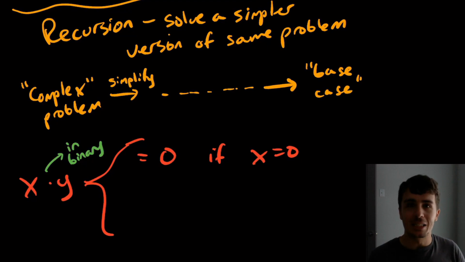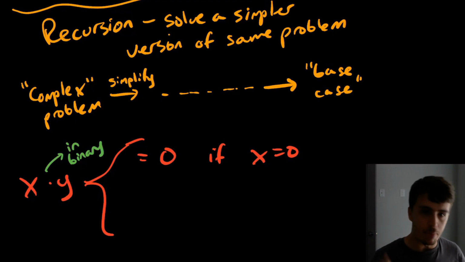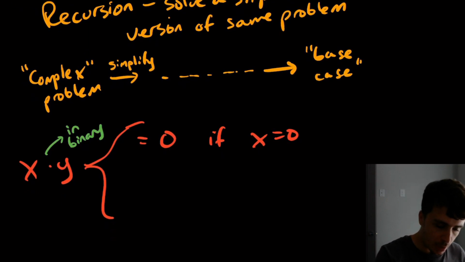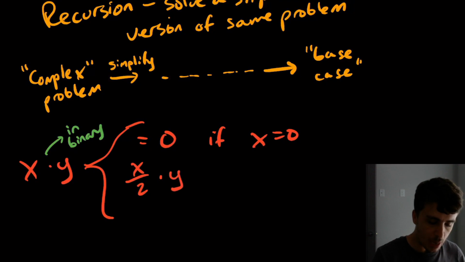The thing is, we can actually do the times 2 part really easily, and we can pass control to a simpler version of the problem and at the end multiply it by 2. So what we're going to do here is x divided by 2 times y plus y.